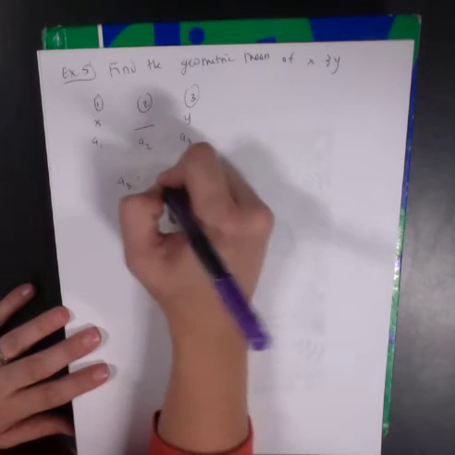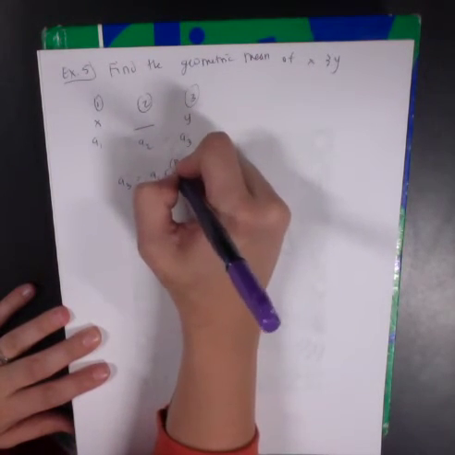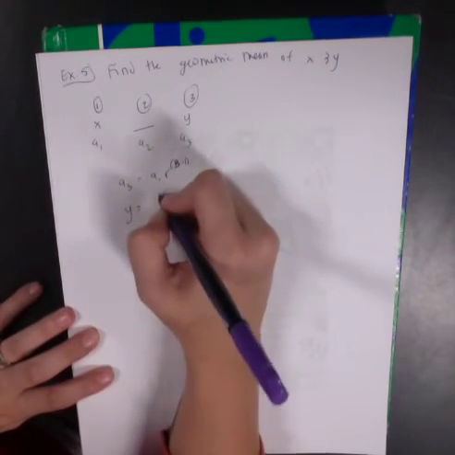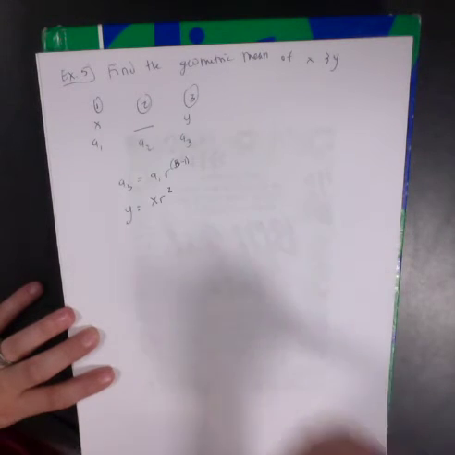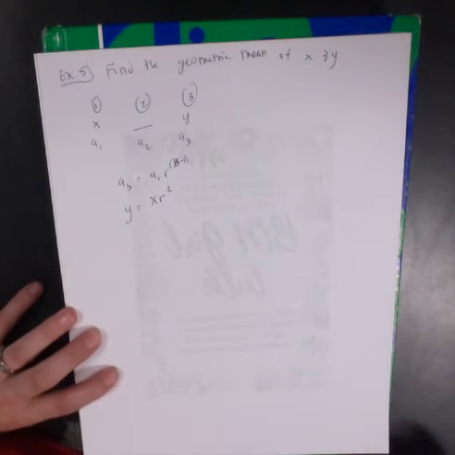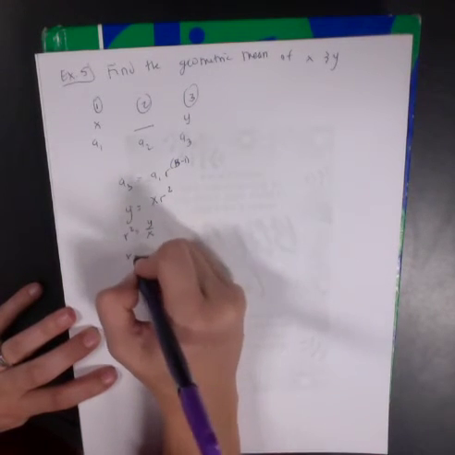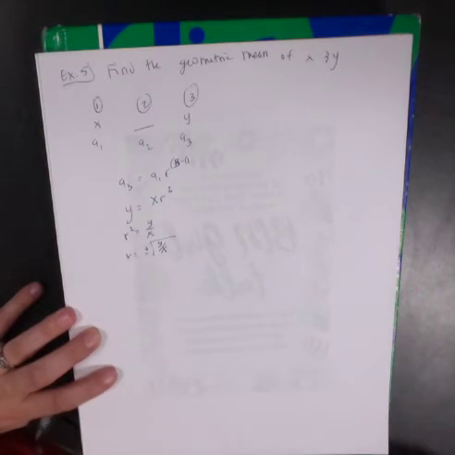Now I know that a3 is a1 r to the n minus 1, or 3 minus 1. So a3 is y equals a1, which is x, times r squared. So r squared is y over x, so r is plus or minus the square root of y over x.